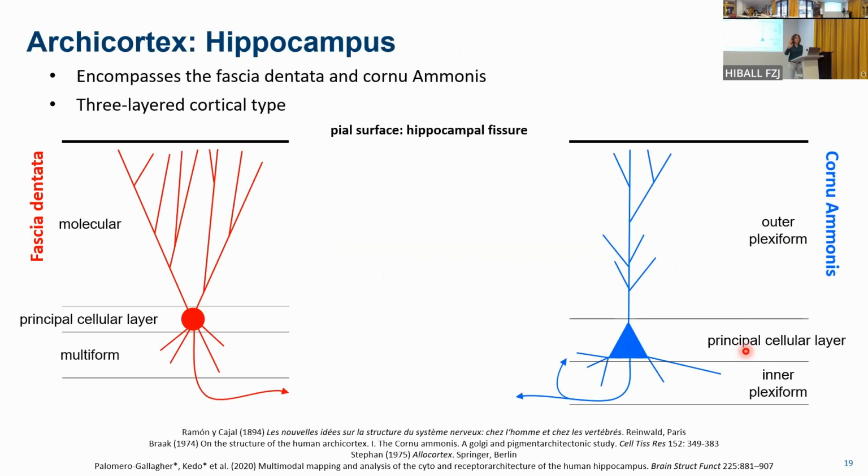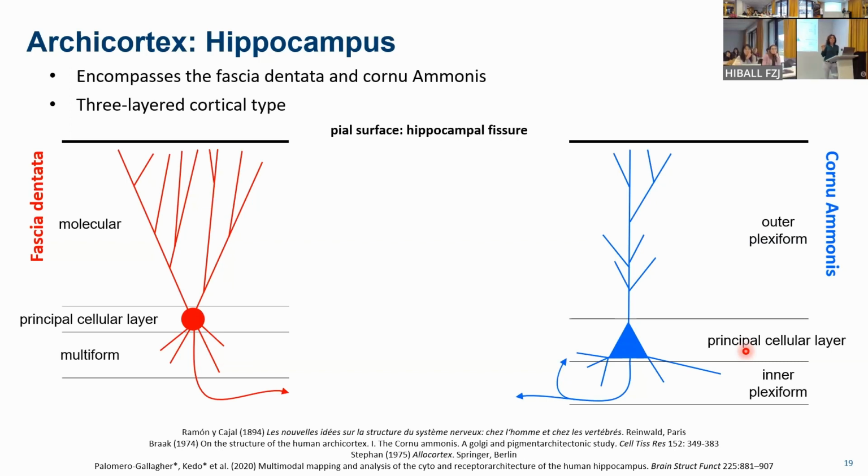By definition, the archicortex has 3 layers. In the fascia dentata, we've got the so-called molecular layer, the principal cellular layer, and then the multiform layer.